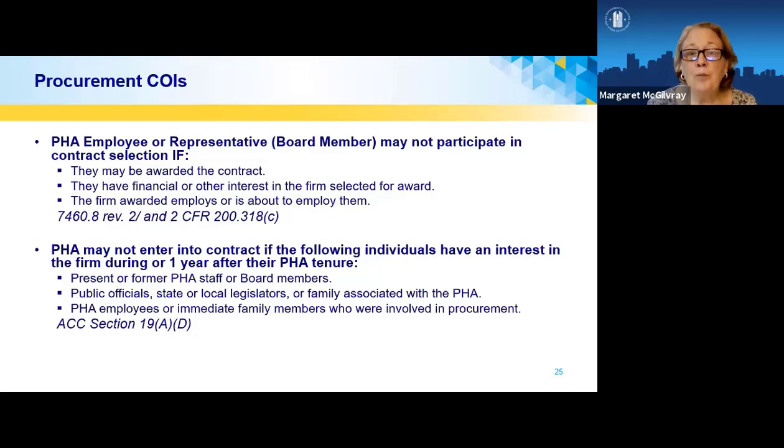In addition, public officials or members of the local governing body or state governing body and their immediate families also cannot exercise these functions or responsibilities or have a role with the PHA.